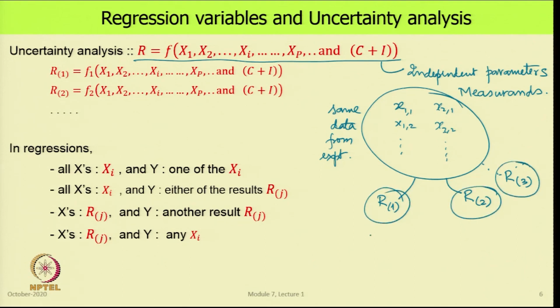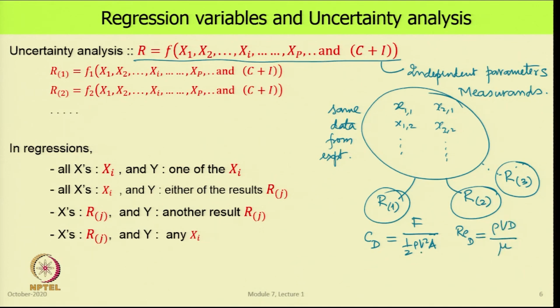And an example was there that if we make measurements on a wind tunnel on a body experiencing aerodynamic drag, we got one result as the drag coefficient, which we defined as F upon half rho V square into area. And the other variable we could make was Re_D, which was rho V D upon mu.